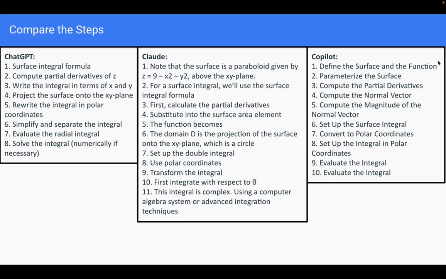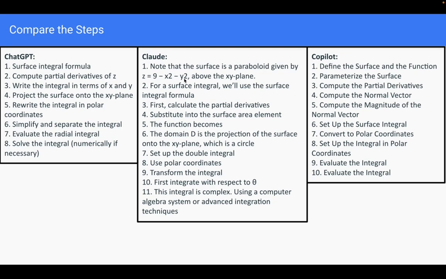And Copilot as well defines the surface and the function, parameterizes the surface, computes the partial derivatives, normal vector, and magnitude of the normal vector, sets up the surface integral, converts to polar coordinates, and then evaluates the integral. All of the models give the same general steps with various levels of explanation and clarity.